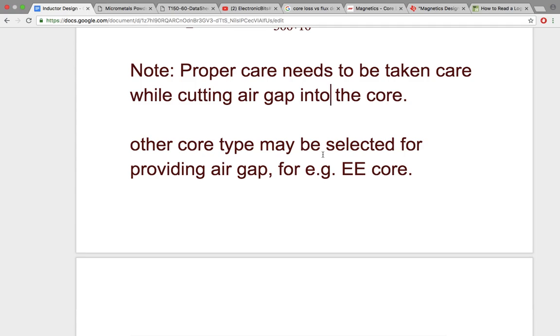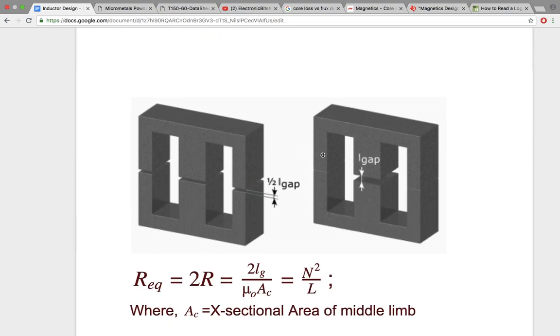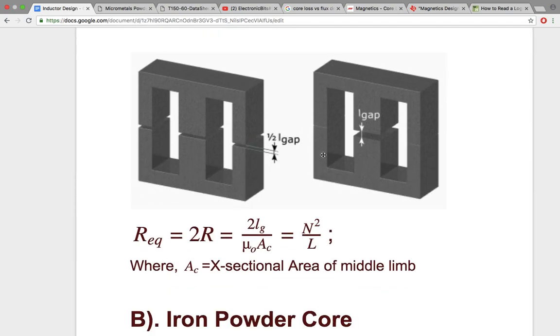Any other core for which it is very easy to provide the air gap, you just separate and put some insulating material in between, and that length you can definitely match. So this is basically a double E core with air gap being shown here.